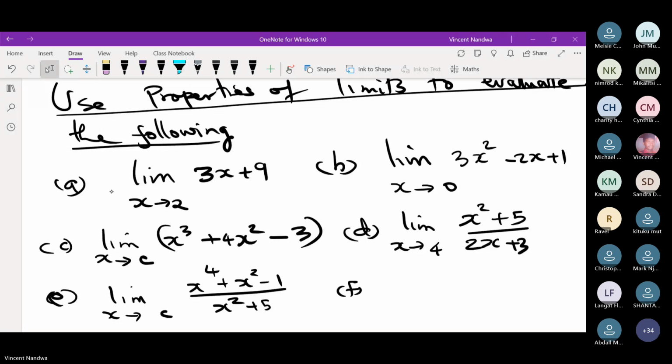F, limit as x approaches 2 of the square root of 4x squared minus 3. So this should be enough to enable us to understand the concept of properties of limits. Once you are ready, let me know so that we can solve the problems together.